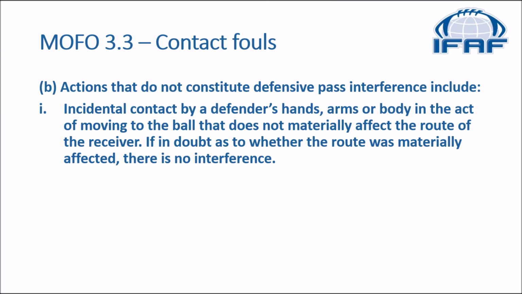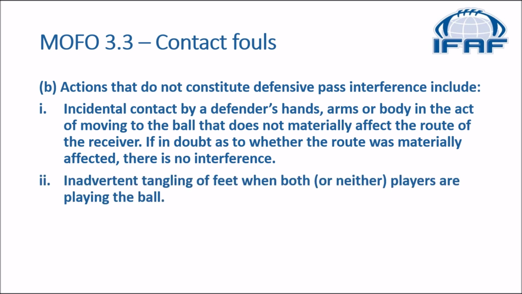B. Actions that do not constitute defensive pass interference include 1. Incidental contact by a defender's hands, arms, or body in the act of moving to the ball that does not materially affect the route of the receiver. If in doubt as to whether the route was materially affected, there is no interference. 2.